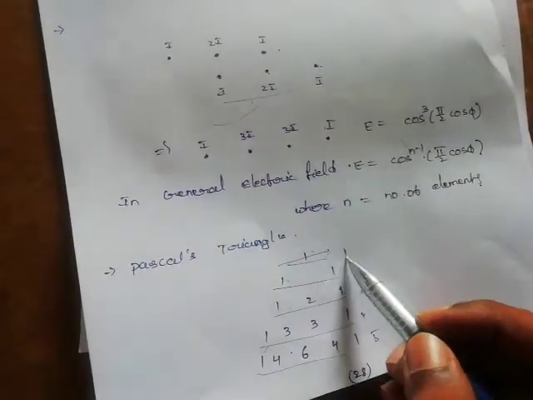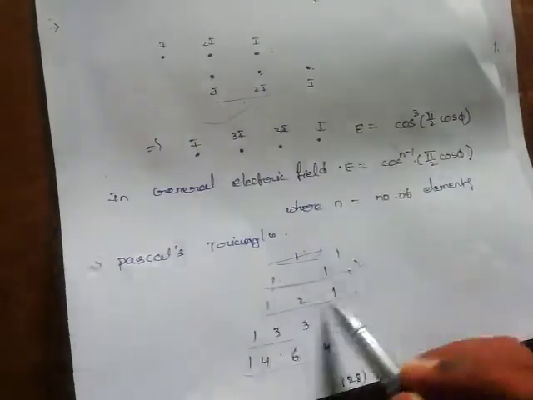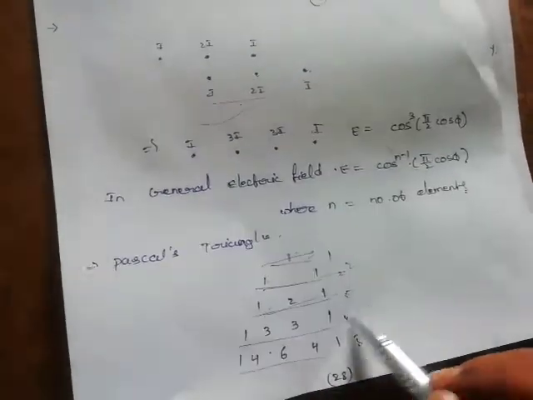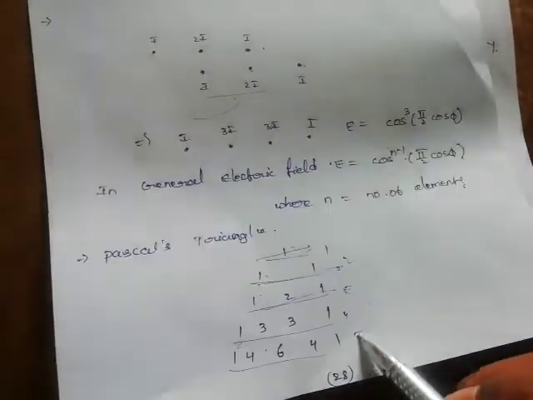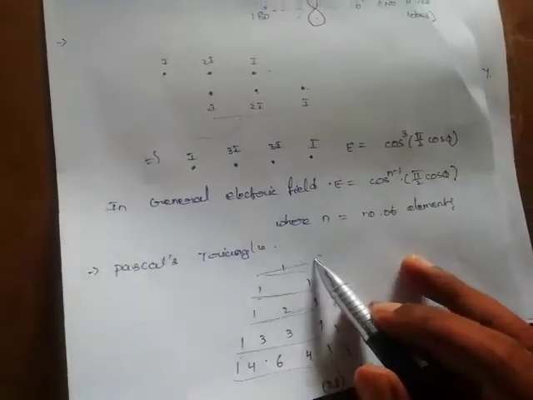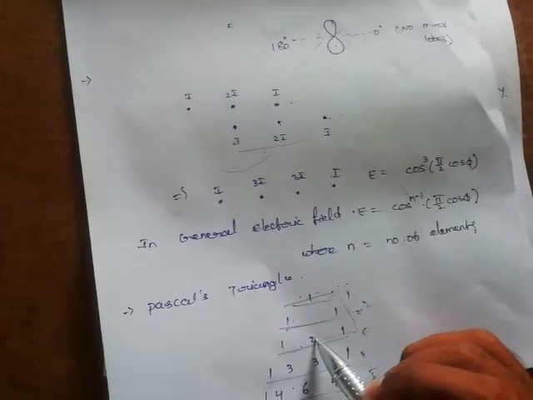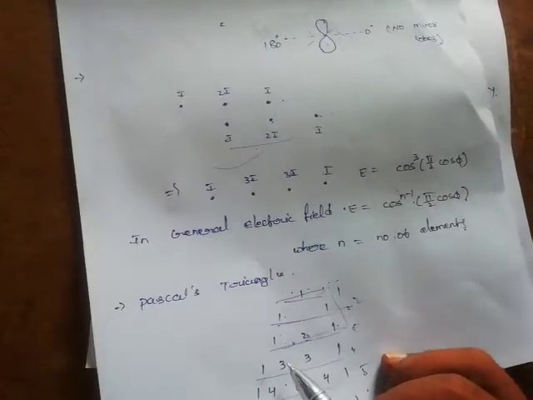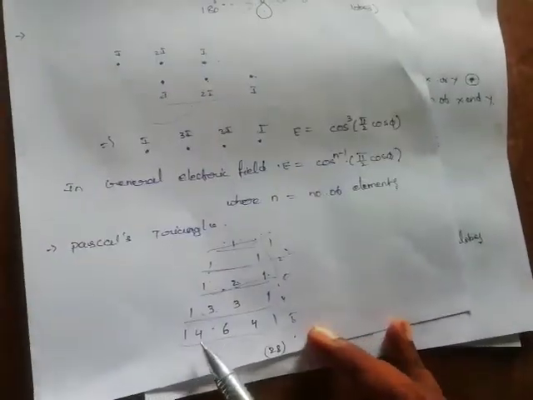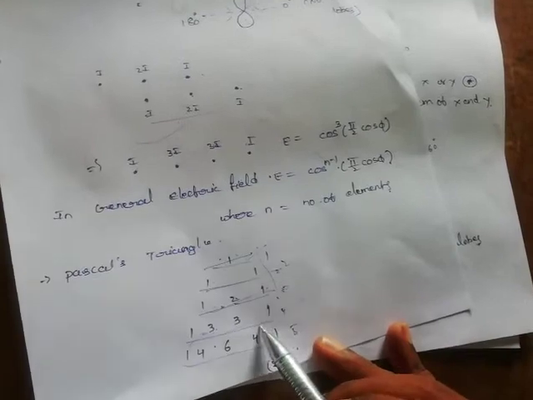The first case is for one element, the second is two elements, the third is three elements, the fourth is four elements, and the fifth is five elements. According to the number of elements, we get the magnitudes like this: for the first, this one; then I, 2I, I; next I, 3I, 3I, I; for the next case you get I, 4I, 6I, 4I and I, and like that you will continue. That is the concept of the binomial array.